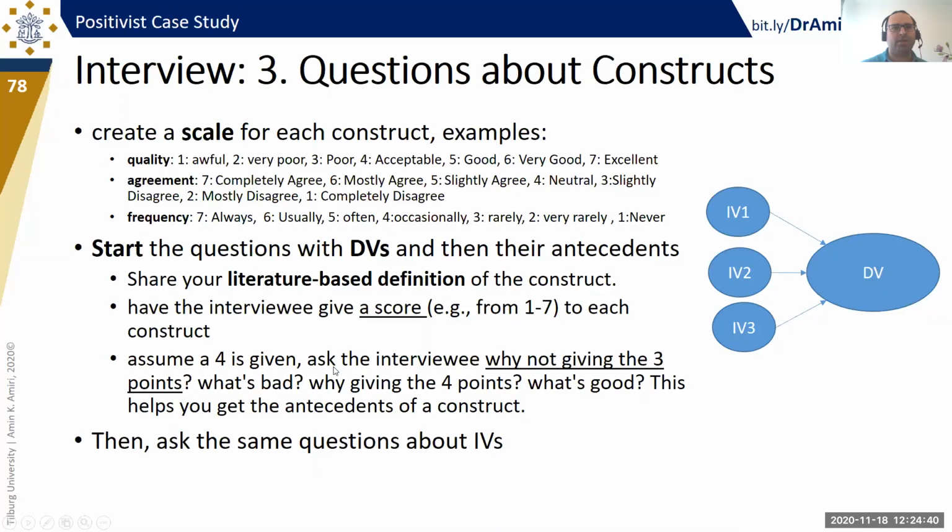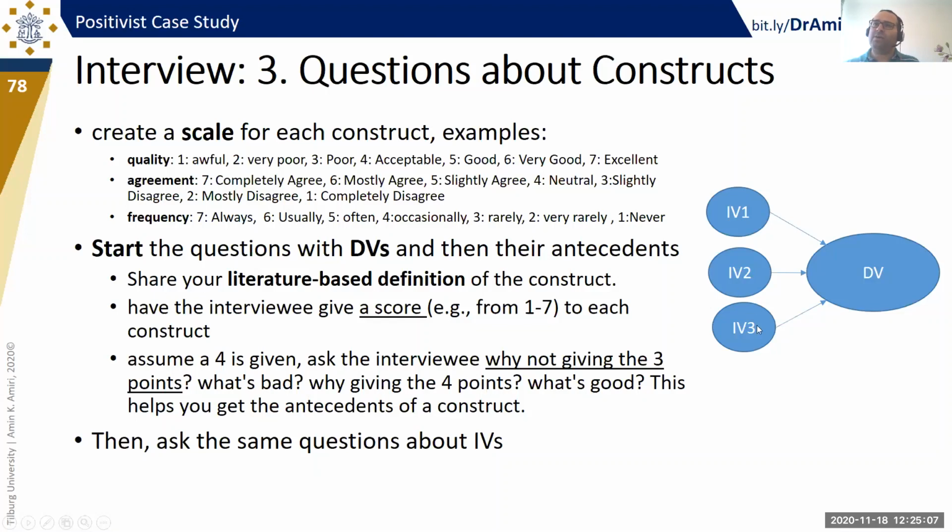As soon as a 4 is given, ask the interviewee, why not give 3 points? What happened? What's wrong there? And you are hopeful that he or she provides some of these antecedents without you getting a score for them. Okay, if it's an exploratory case study, you have no idea about this, so you only need to ask about the dependent variable that you're interested in.